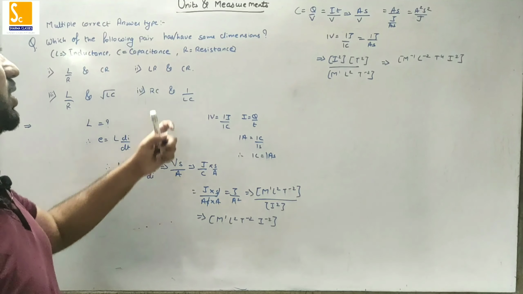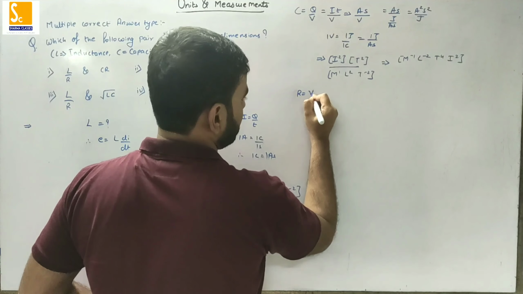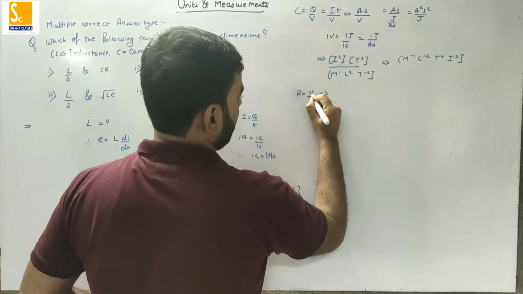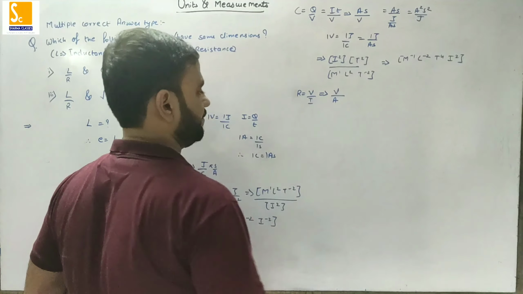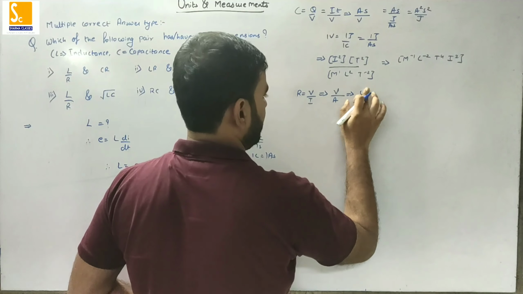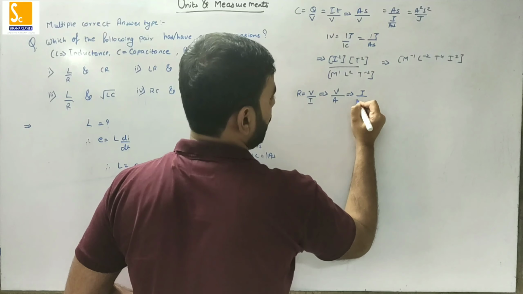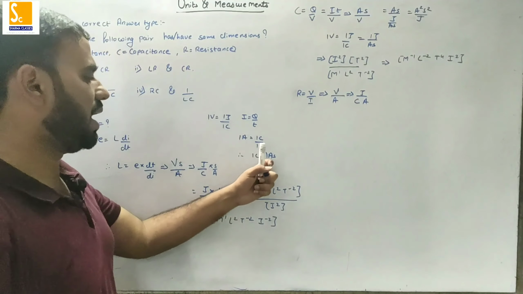Next, finally we'll find out the dimensional formula for resistance. We know the formula for the resistance is V by I. SI unit of potential difference is again volt. SI unit of current is ampere. Volt is nothing but joule upon coulomb, and we know that coulomb is nothing but ampere second.